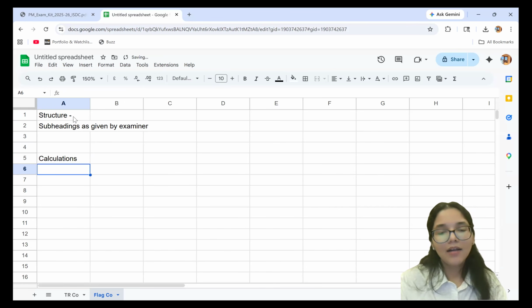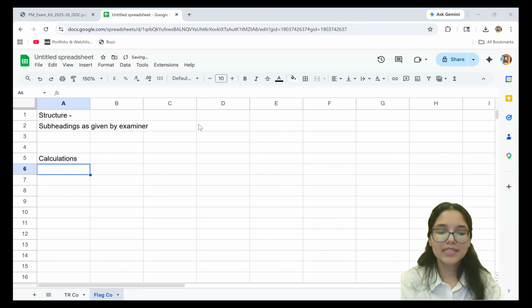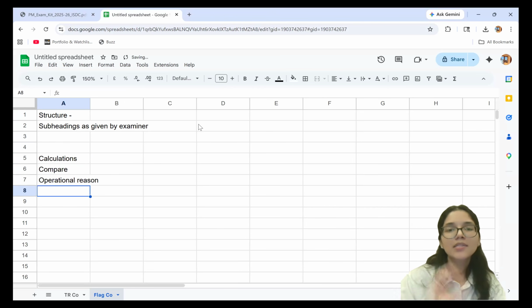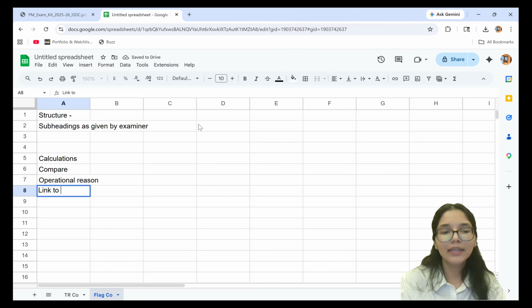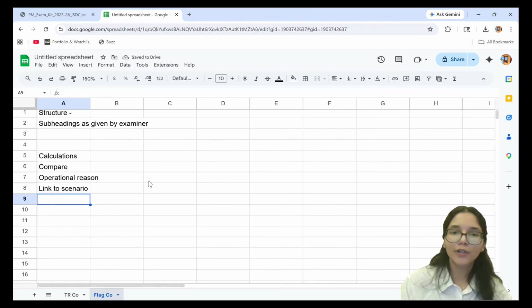Then for my interpretation part, I'm going to do three things. Firstly, I'm going to draw a comparison. Then I'm going to find out the operational reason behind it, business wise, why did that thing happen? And then I will try to link it to the scenario. So this is the core structure that we are going to follow.